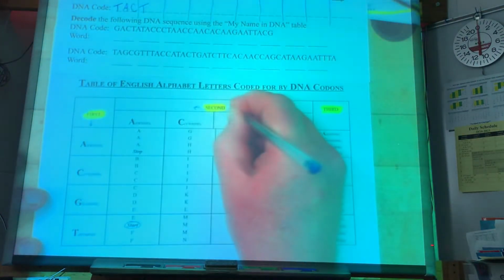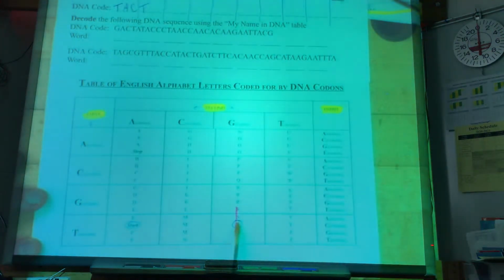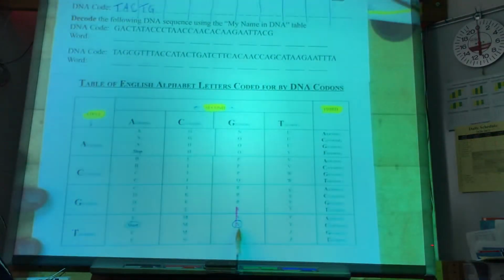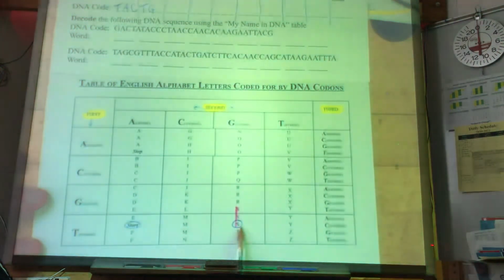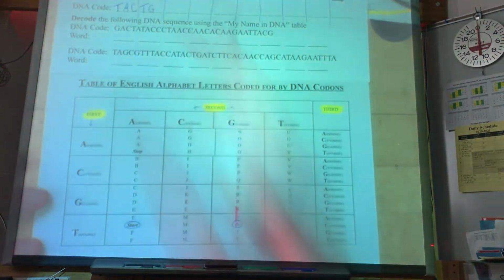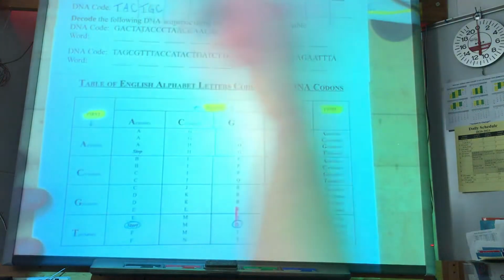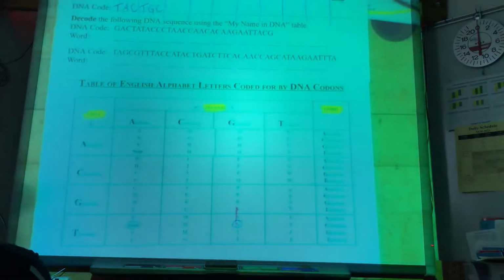The second letter is a G. Now, looking at the bottom of the 3 S's, the third letter is a C. So the 3-letter combination that we chose is TGC.